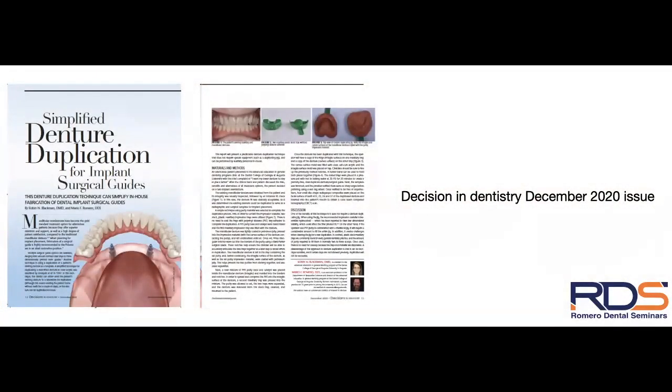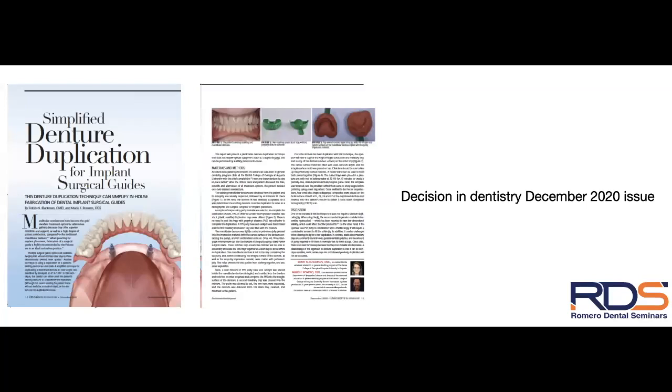Now, with one of my residents, we wrote and published a manuscript in Decisions in Dentistry in December of 2020. If you Google this simplified denture duplication technique in Decisions in Dentistry, you will be able to access this article and read it online for free.